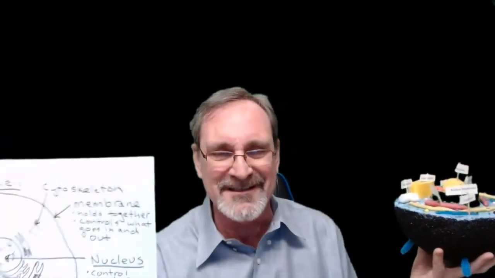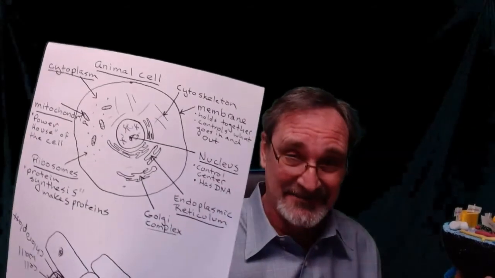Since I mentioned it, I probably mentioned it a couple times. We're not starting it yet, okay? In fact, next class period I'm going to introduce and assign the project. You're going to be making a cell model. But here's an example of one that a student made. And I'm telling you this in advance, even though I'm not assigning it quite yet, because this is going to be a pretty nice little guideline, don't you think?